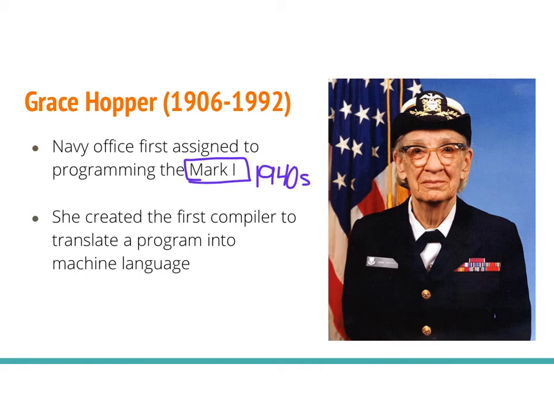And as she continued to grow with computer science, her big contribution occurred when she created the first compiler that allowed us to translate a program into machine language. So this addition of a compiler really jump-started the high-level programming languages that are utilized today. So she's credited with creating that compiler that allowed us to translate a high-level language into machine language so a computer can actually read it.